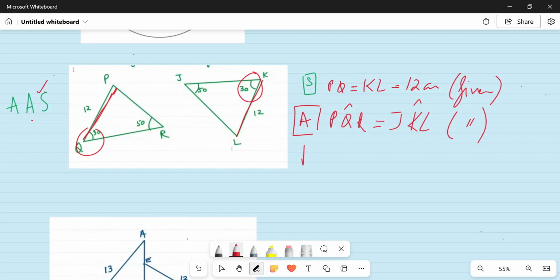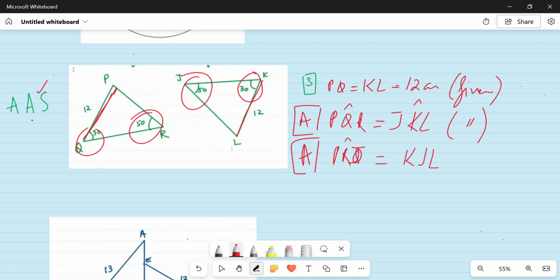The third one is also an angle. Which angle is equal here? You see this R, and here it's J. So angle PRQ, my bad, I'm so sorry, PRQ is equal to angle KJL.